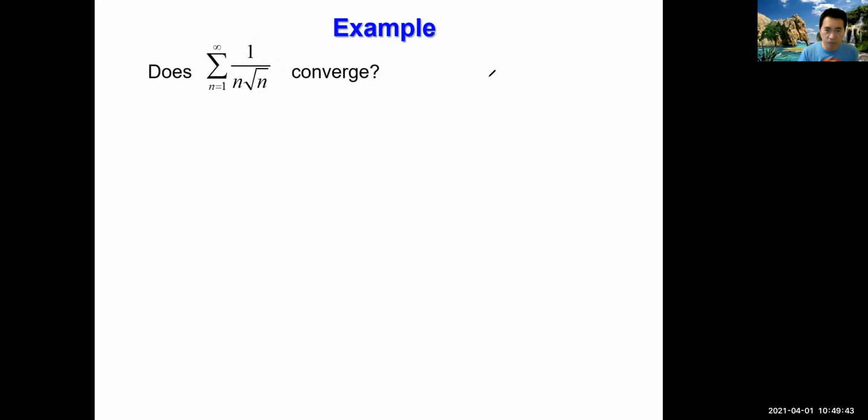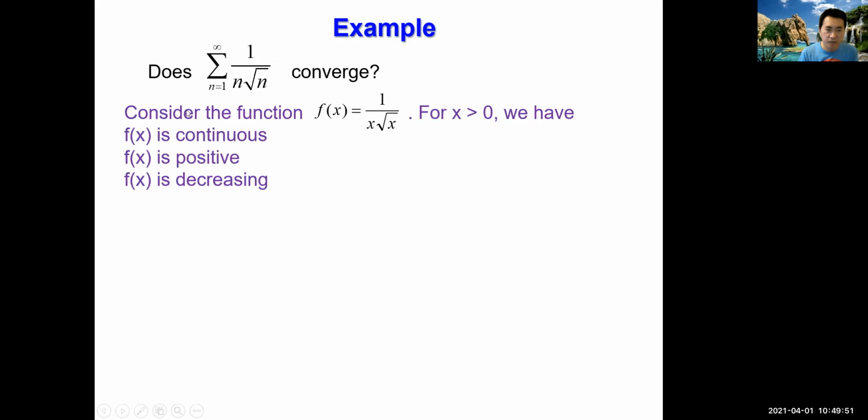So we will focus on the function 1 over x square root of x. I consider this function, 1 over x root x. Then I'm going to check whether this function is continuous, positive, and decreasing.